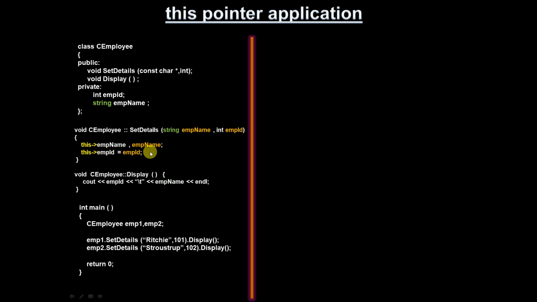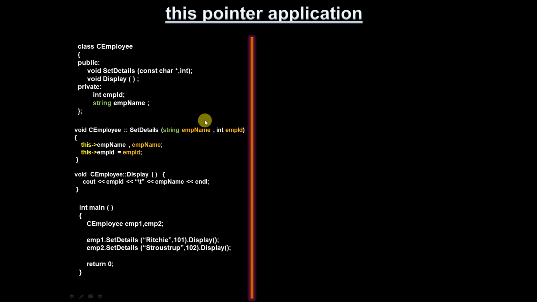Okay, this is the advised way of writing the program, because it will avoid the confusion whether you are referring to the local variable or the class object. Okay, using this arrow is advised.